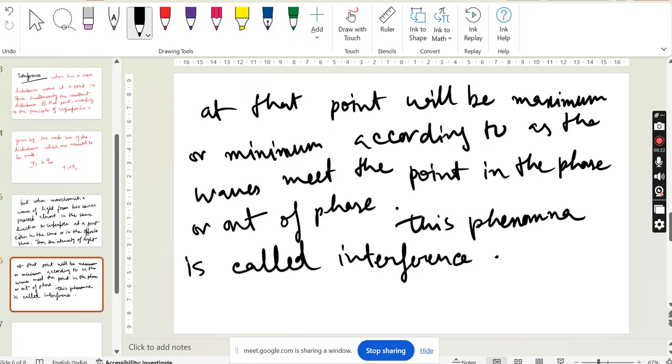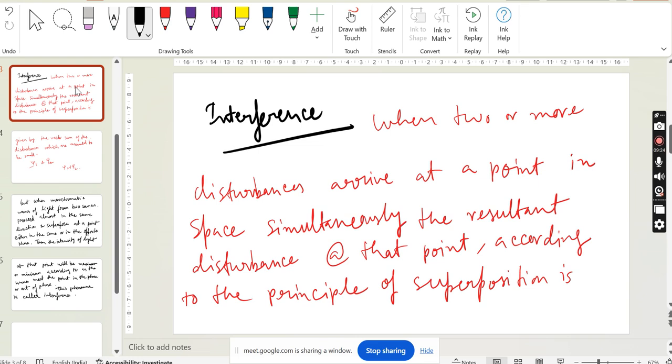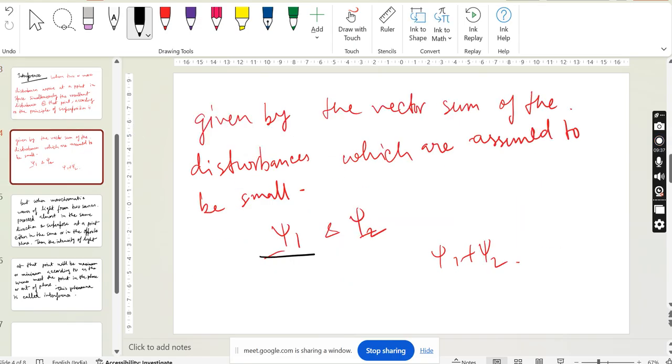So basically, when two disturbances arrive at a point, they meet according to the principle of superposition. If we go to quantum mechanics, we have a wave equation. Not only quantum mechanics, we basically have a wave equation like this.